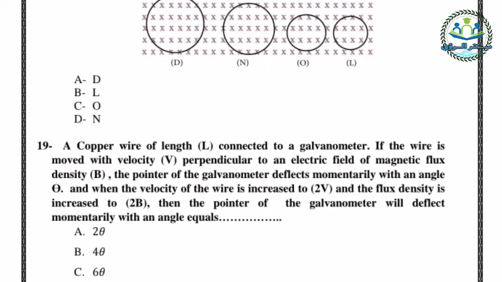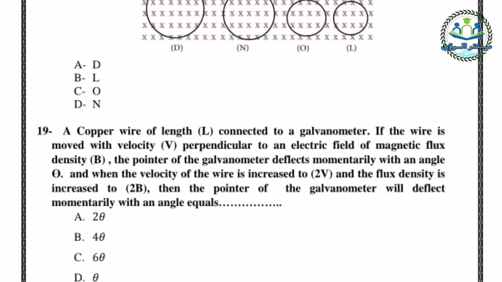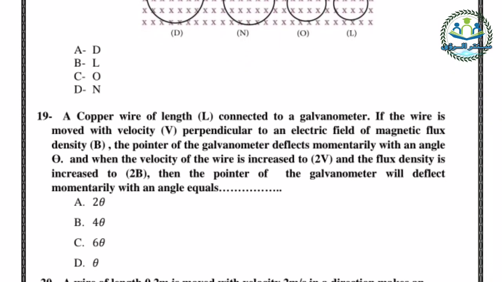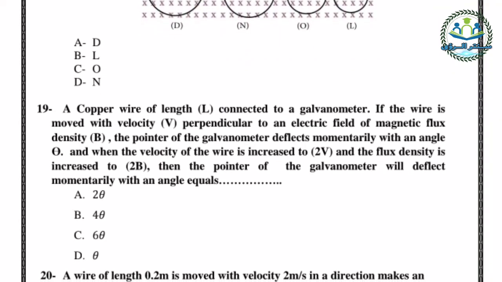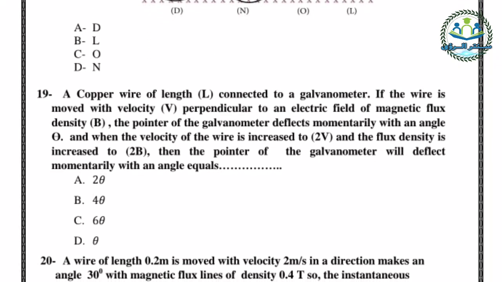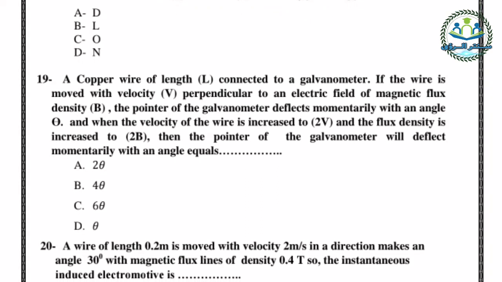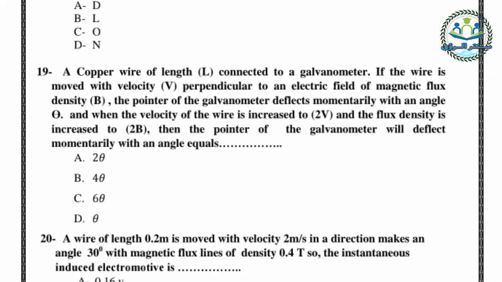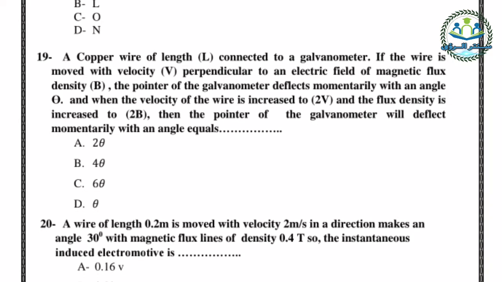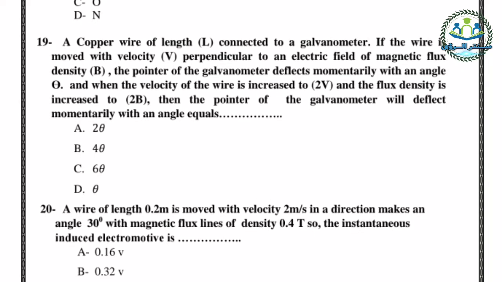And when the velocity of the wire is increased to 2V, and the flux density is increased to 2B, then the pointer of the galvanometer will deflect momentarily with an angle equal to ... A, B, C, D.